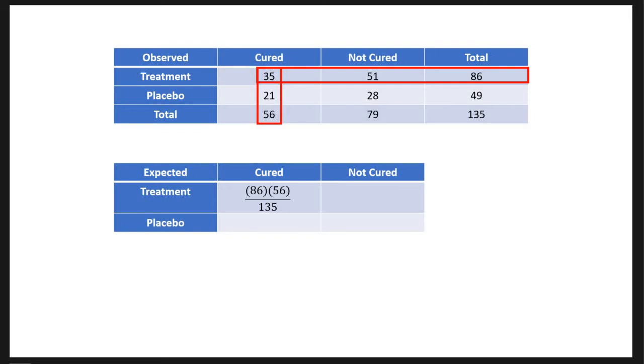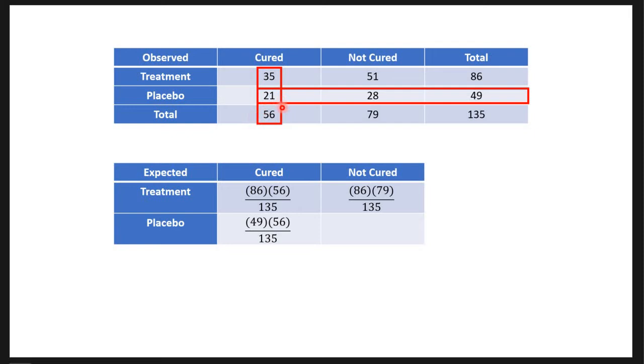Then for the next one, I'm looking at the row total, which is still 86, but now the new column total is 79. So 86 and 79 multiplied, divided by 135 is that second expected count. The third expected count, well, the column total is 56, the row total is 49, and I divide that by the grand total.